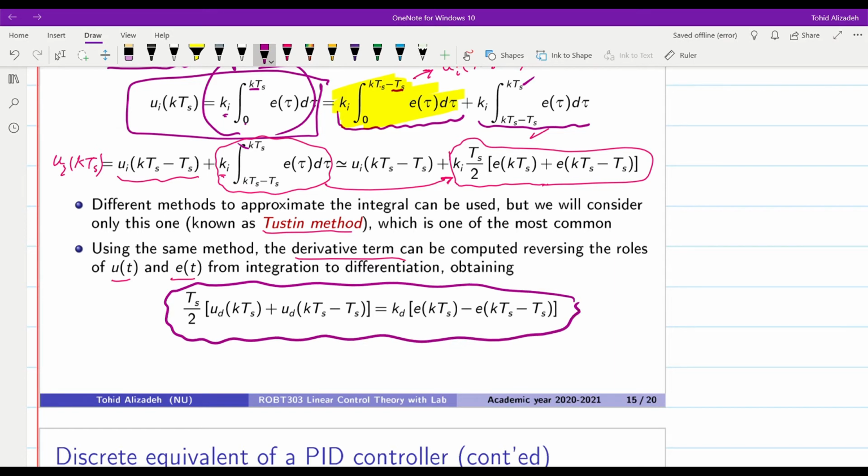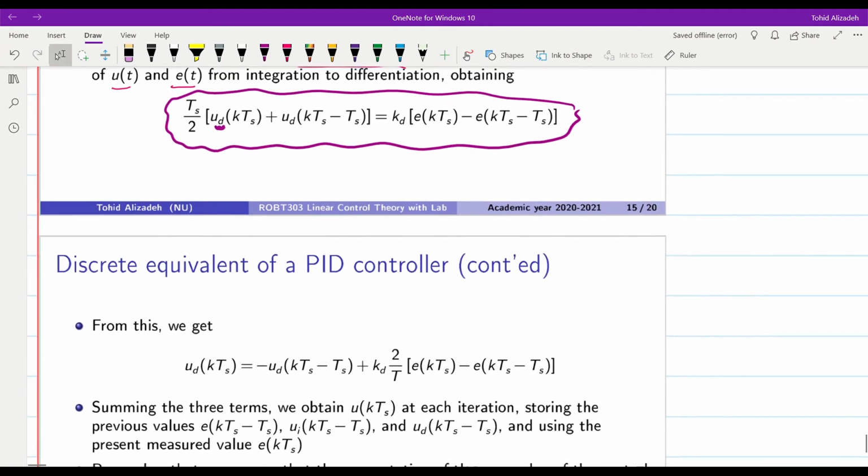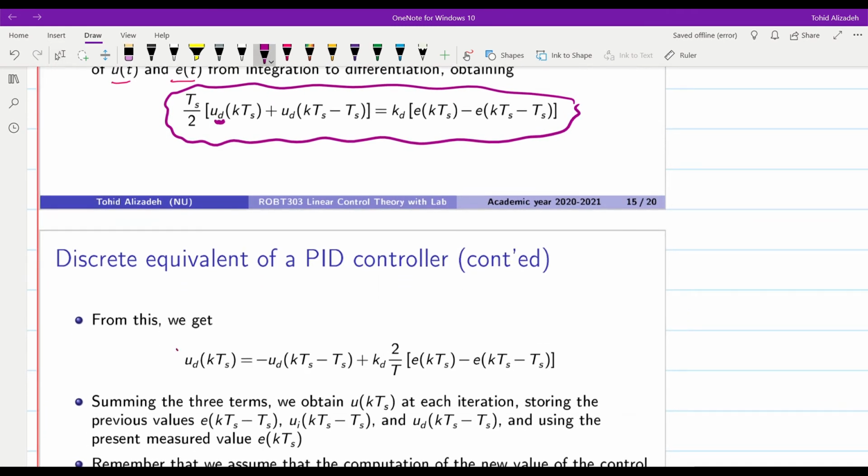So ud is the derivative term, ts over 2 times ud at k times ts plus ud at k times ts minus ts is equal to k times the rest of the expression. And then out of that we can find out the expression for ud at k times ts, which is shown here.